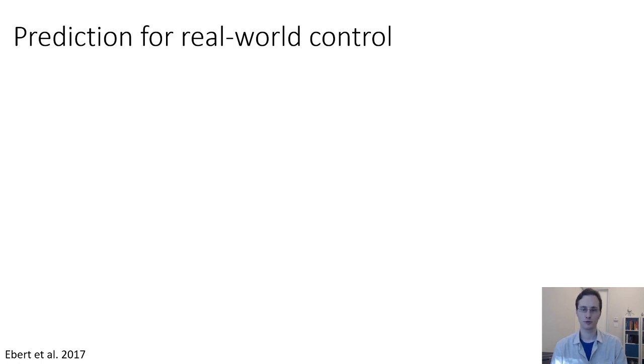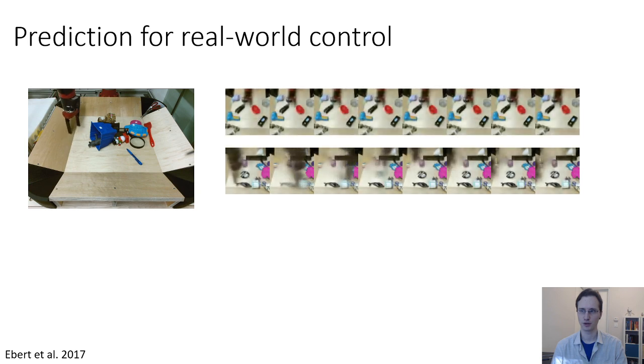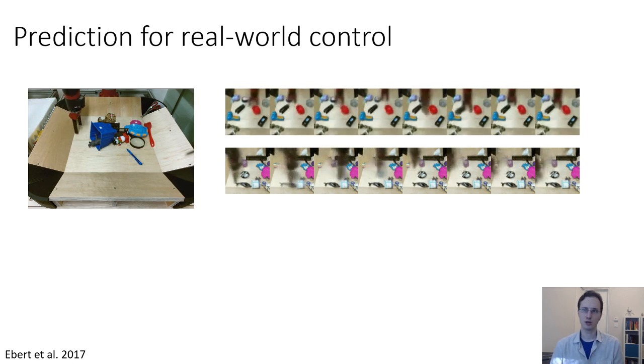So here's an example from some work by Frederick Ebert, who's a student here at UC Berkeley. Here we have a robot that is interacting with objects in its environment, and it's not interacting very purposefully. It's sort of playing with objects, just kind of moving around, randomly pushing things around. And that experience is going to be used not to learn a policy for doing any particular thing, but instead to learn a model that predicts what will happen next, given what the robot is seeing now and what action it's considering taking in the future.